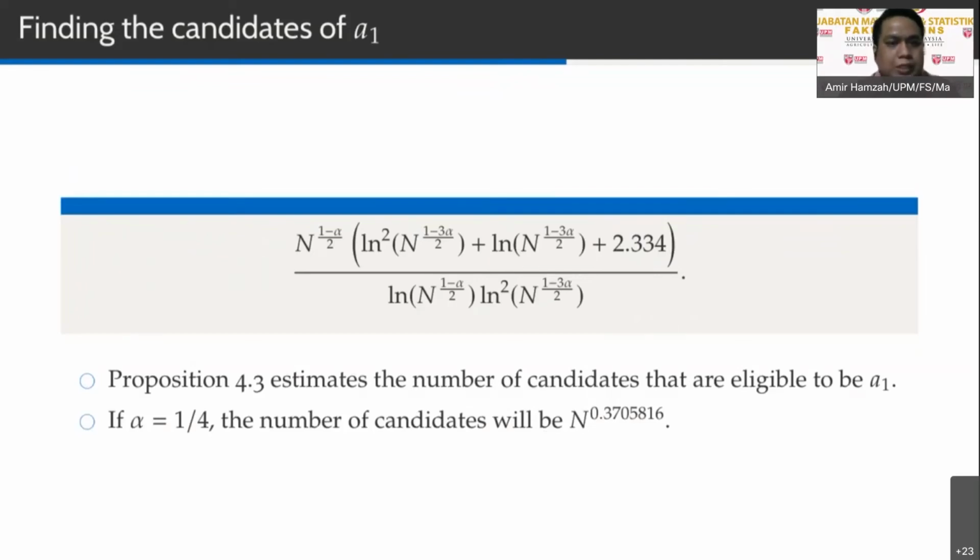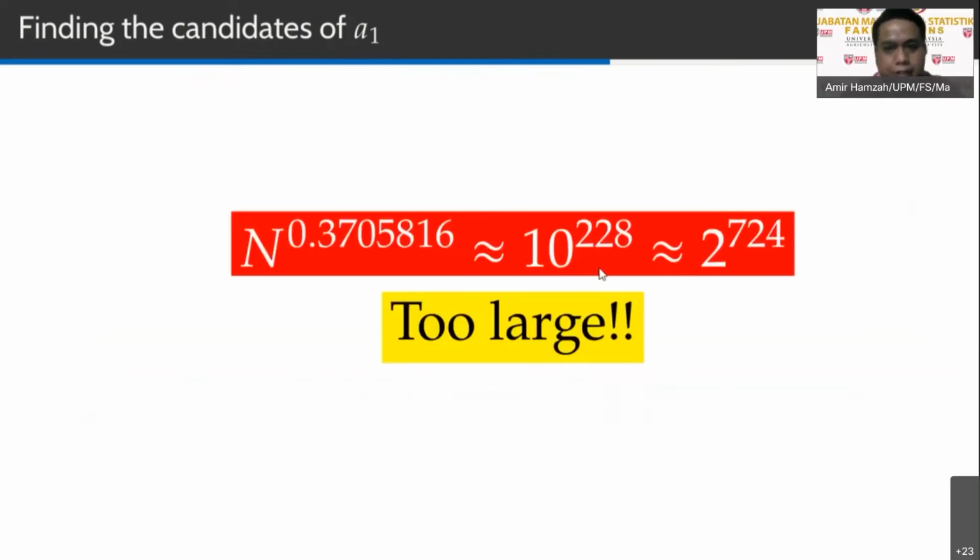This proposition is based on the prime number theorem. We can see here, if our exposed info alpha equals 1/4, the number of candidates will be n to the power of 0.37, which is a very large number, meaning that there is a very large number of candidates of A1. So it's infeasible for us to conduct a search of A1.